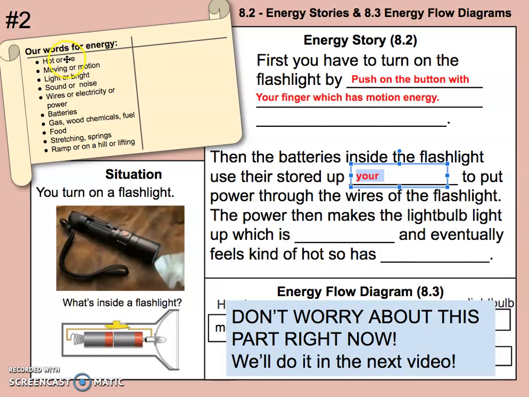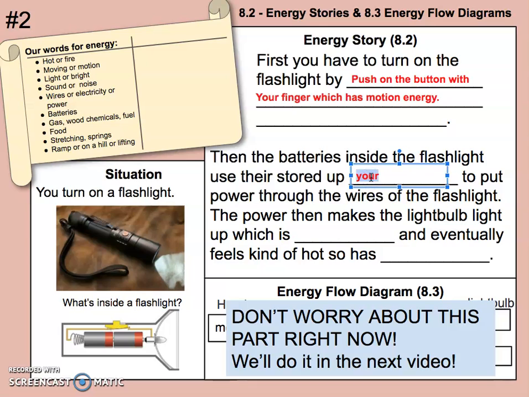So batteries aren't hot, not moving, they don't have light yet. We will have light eventually. They don't have sound or noise. You might think wires are electricity or power, and they do have some power, but batteries actually are kind of evidence of energy themselves. So we actually have them here on our words for energy list, because that was something that lots of people said were evidence that something had energy.